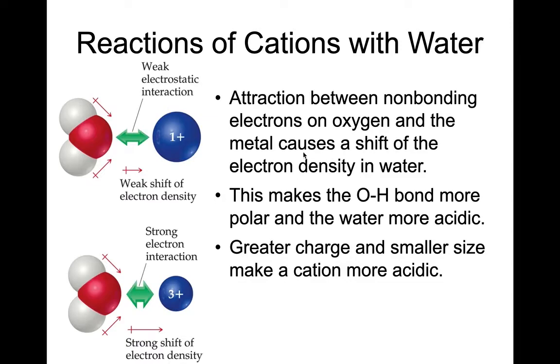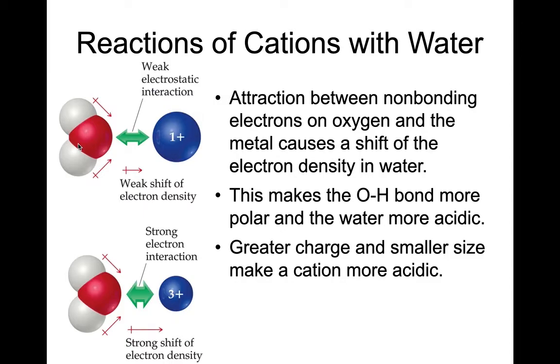This is because there's an attraction between non-bonding electrons on the oxygen in the water molecule and on the metal ion. And so we get a shift in the electron density on these water molecules. As a result, the OH bond here in the water molecule becomes more polar, and so the water becomes more acidic.